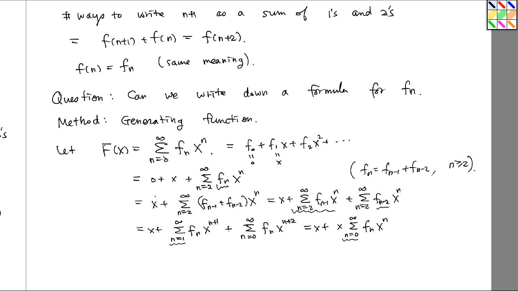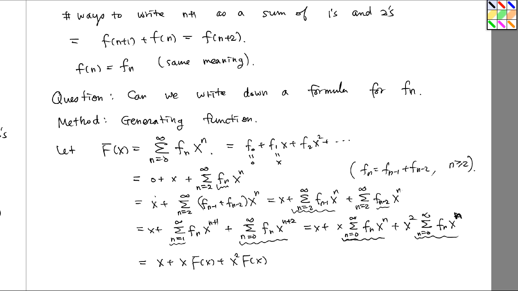Plus, from the second sum, I'm going to factor out x squared, and the sum from 0 to infinity of fn x to the n. Now notice that this part is capital F. This part is also capital F. So we obtain that this is equal to x times F of x plus x squared F of x.